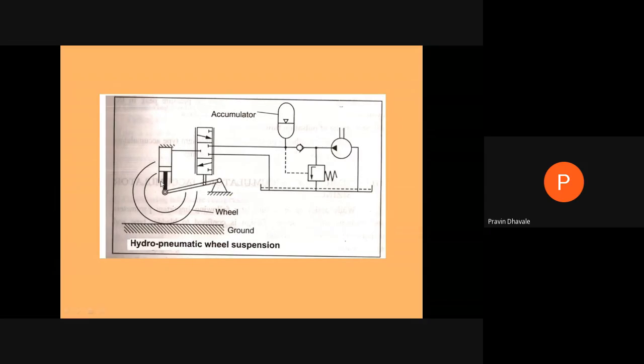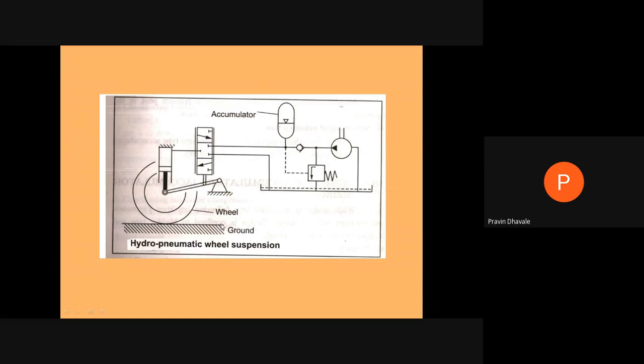so that the upper part above the suspension cylinder, that is the body of the vehicle in which the passengers are sitting, is not suffering from the jerk because of the irregular condition of the road, or not a flat condition of the road.